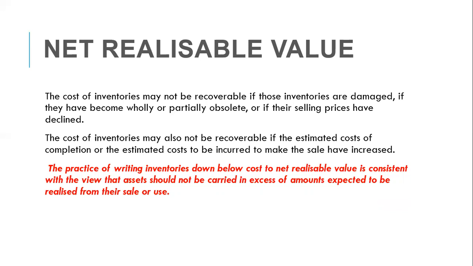Then we also deduct the selling cost, and that will give us the net realizable value. Then we can compare that with the historical cost. Whichever one is lower is what we pick as valuation, so that we don't overvalue our current asset balance.